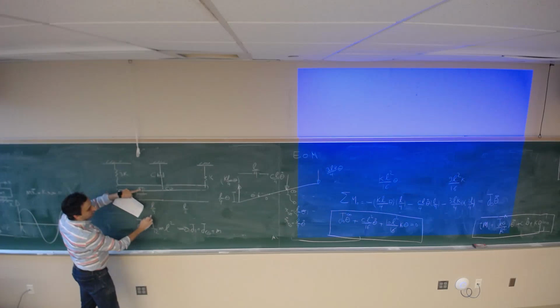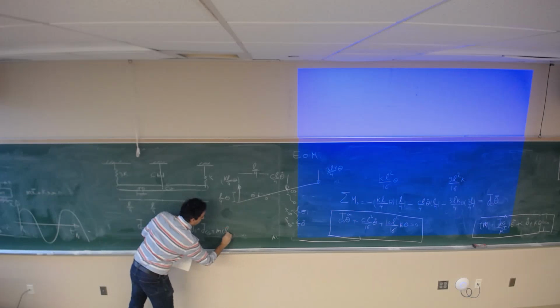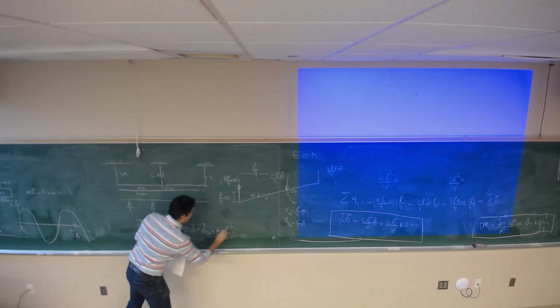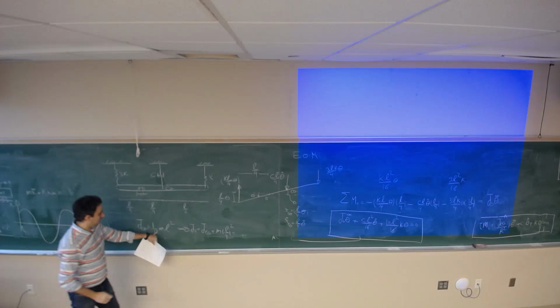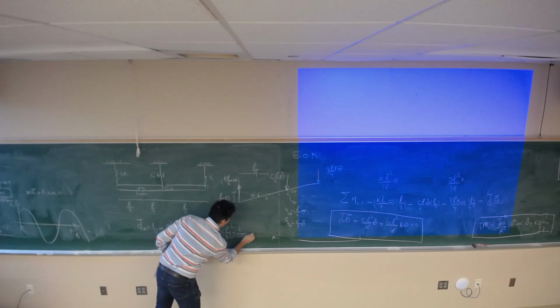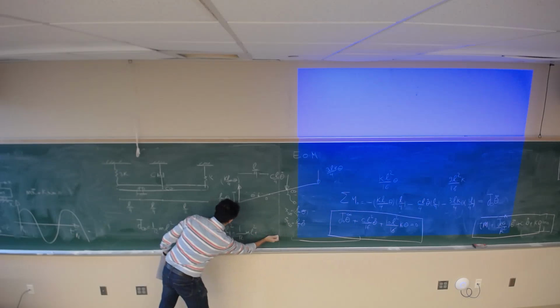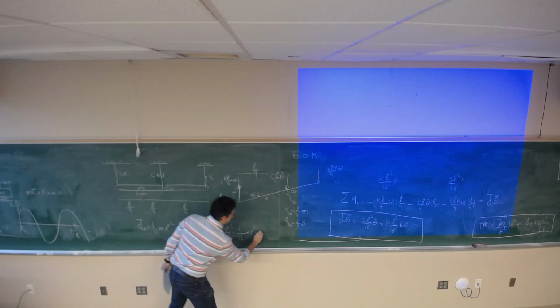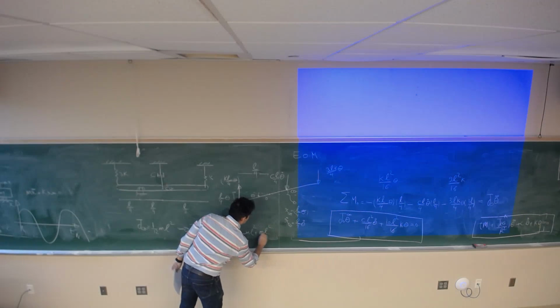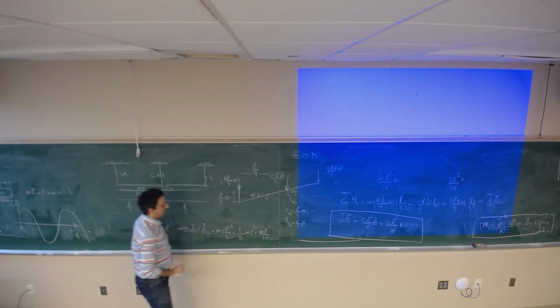Distance is L over 4, so it's L over 4 squared. So 1 over 12 m L squared plus m L squared divided by 16.